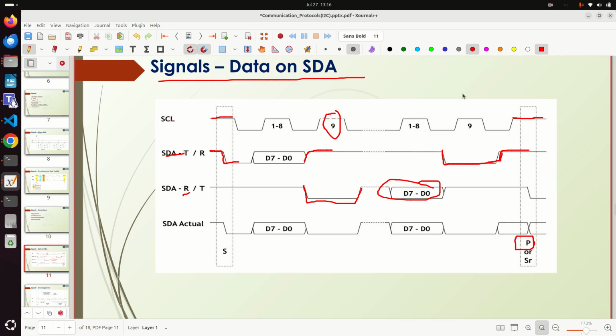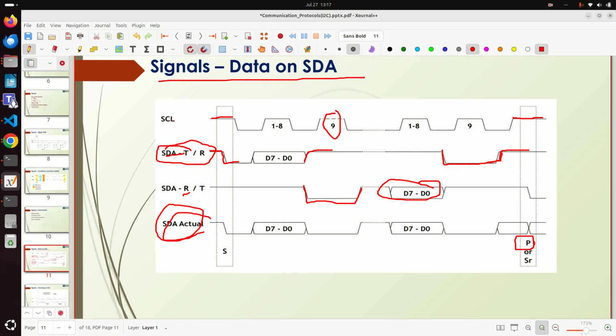Here you can see the data line having transmitter and receiver. This slide shows it with respect to transmitter and receiver, but in actual there is only a single data line. So here you can see SDA actual. This is the actual signal we are going to see at the data line.